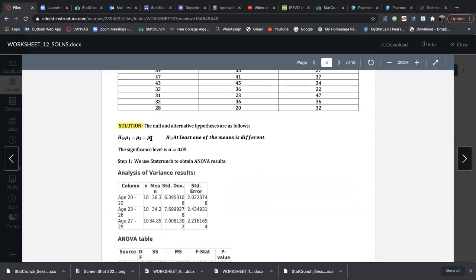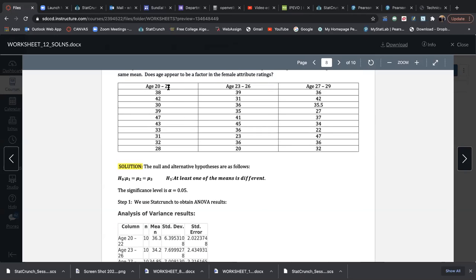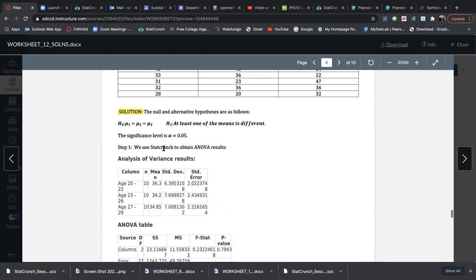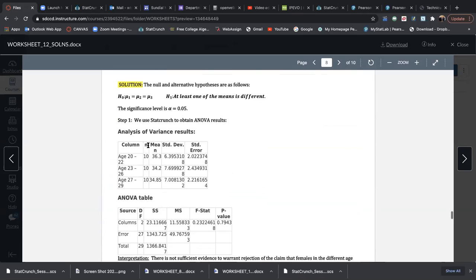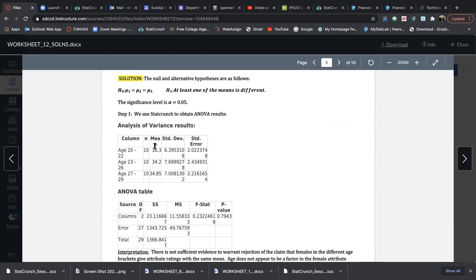StatCrunch, of course, can treat a larger number of categories, or age groups. Okay, but in this problem, we just have the 3 age groups. We have the sample data for each of the 3 age groups. And let's see, we have 1, 2, 3, 4, 5, 6, 7, 8, 9, 10. So we have a sample size of 10 under each of the age groups. Okay, there's our sample size.